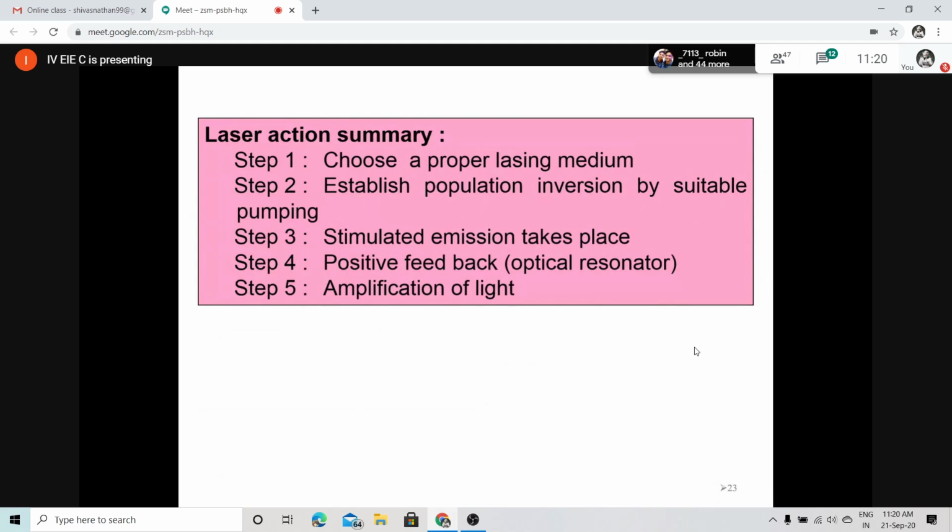So the atoms present in my lower level above the ground state will undergo transition continuously. So more or less the value will be equal to 0. So the number of atoms in my lower energy state is nearly equal to what? 0. Okay, so 0 is my condition always.